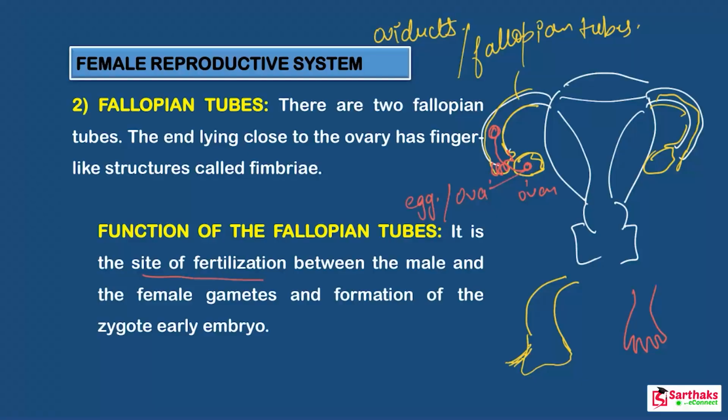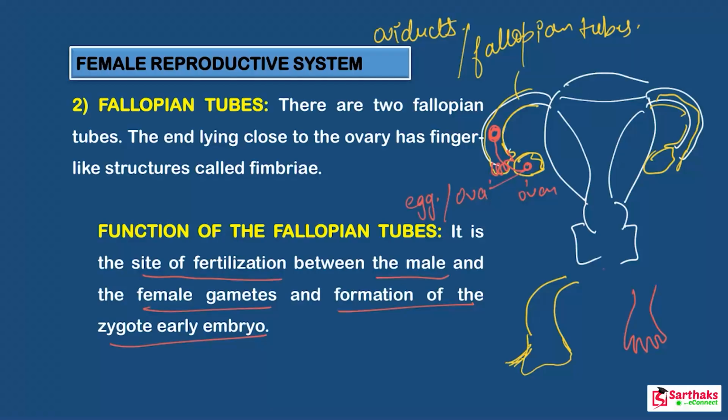So what is the main function of the fallopian tube? It is the site of fertilization, because the male and female gametes meet and the formation of the zygote, the early embryo, occurs here. Keep this in your mind that the ova stays here until the sperms come, just for one day, 24 hours.